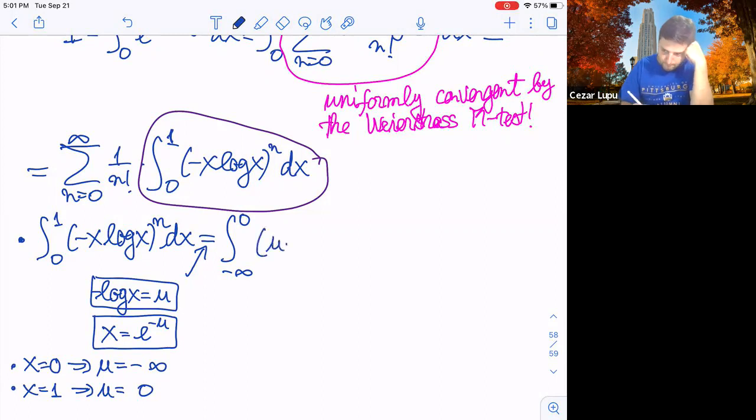So this will be the integral of u to the n times e to the negative u. And now we should be careful here.